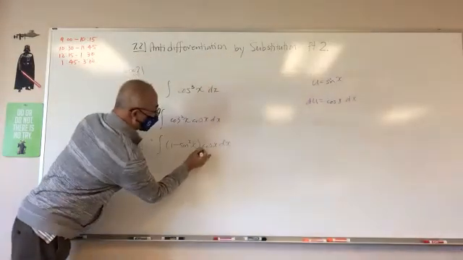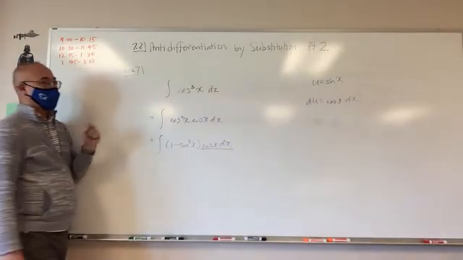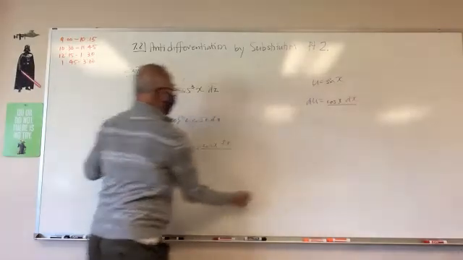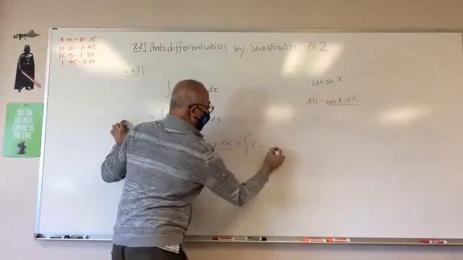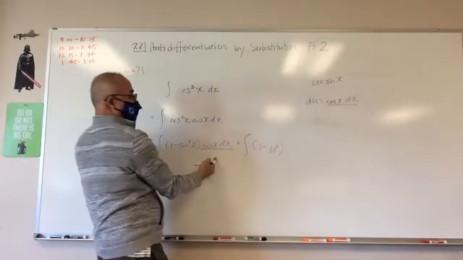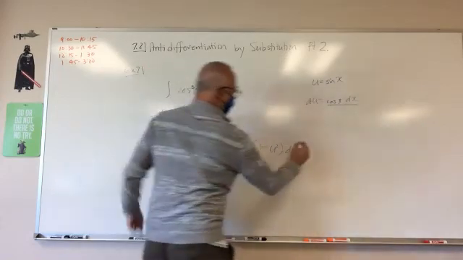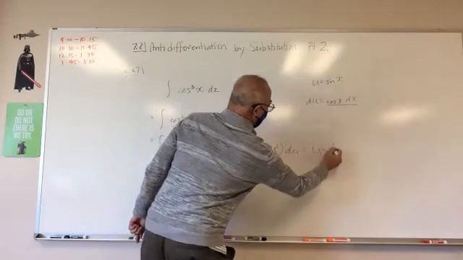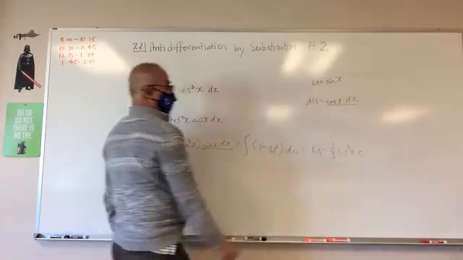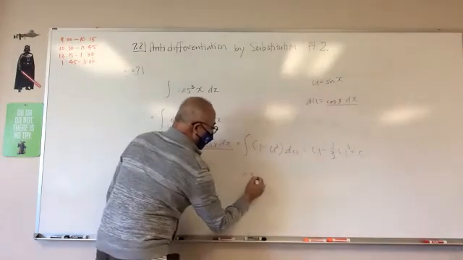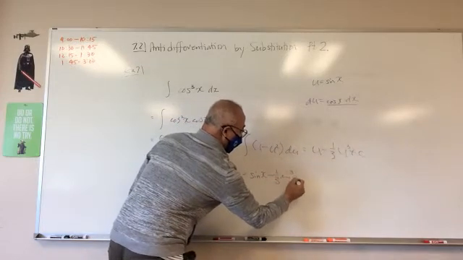So in other words, there it is right there. All right, I found that guy. So I can say this is going to be equal to 1 minus u squared, and this guy here is du. So I'm going to get u minus 1/3 u cubed plus c, where u is equal to sine x minus 1/3 sine cubed x.